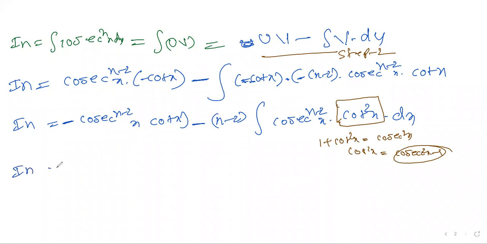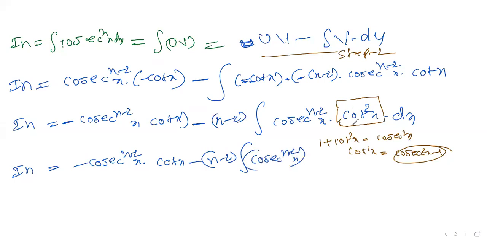Similarly, In is equal to minus cosecant power n minus 2 x into cot x minus n minus 2 into the integration of cosecant power n minus 2 x into cosecant square x minus 1 dx. This I rewrote from the above.